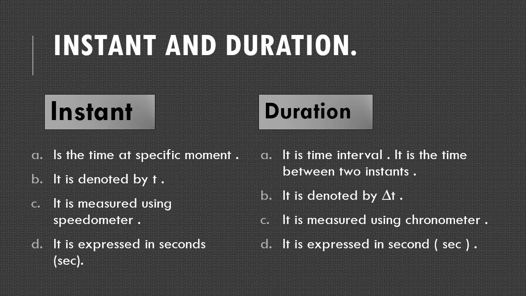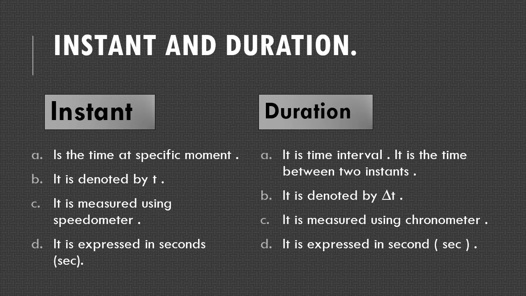So for example, if I say to you that the physics course starts at 8 a.m., this is a specific moment, so I give you here an instant. While if I say to you that the physics course takes 55 minutes, this is a duration since it is between two instants, t1 and t2.